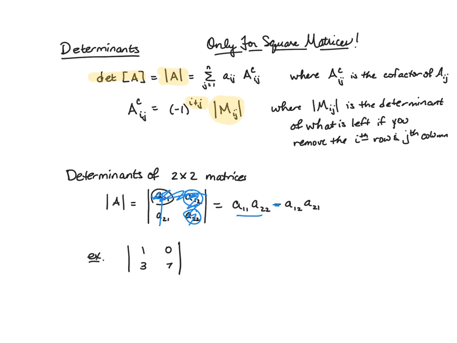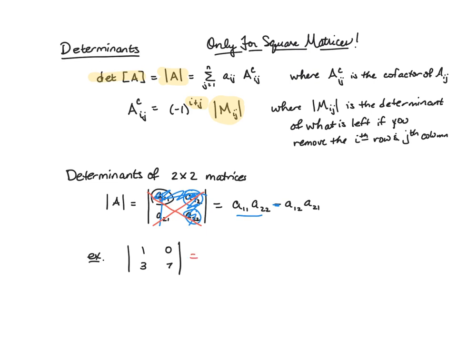Well, there's an easier way to do this, and that simply is, visually, I can think of it as the product of the primary diagonal minus the product of the anti-diagonal. So A11 times A22 minus A21 times A12.